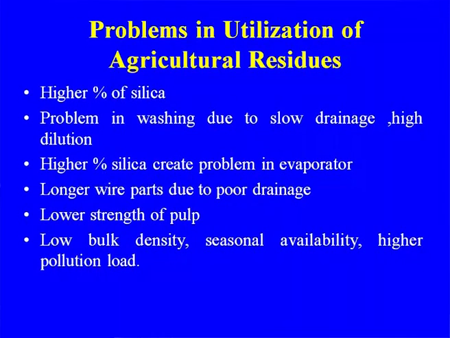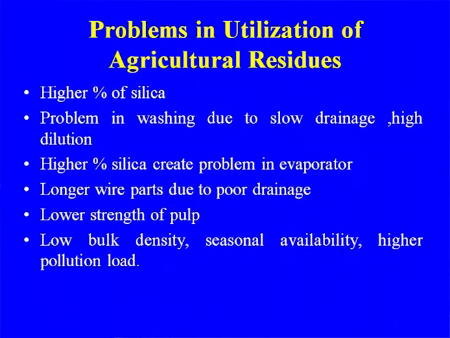Higher percentage of silica causes problems in washing due to slow drainage, because you see the drainage of the water while washing is poor in case of the agro based raw material. So, more dilution will be required for full washing of the pulp. That is one of the disadvantages in case of the agro base.